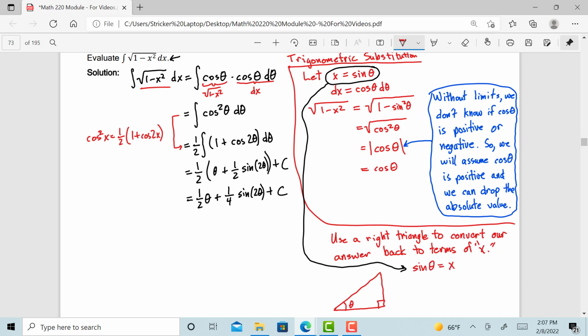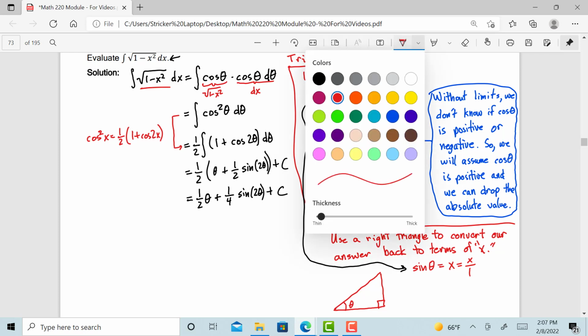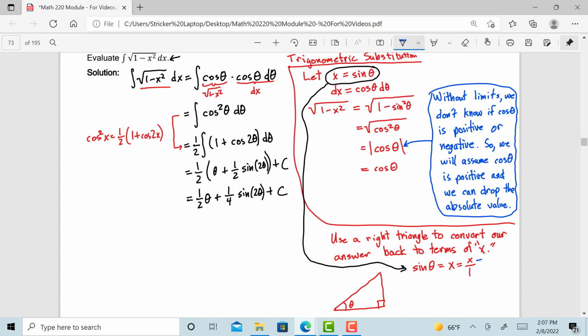And remember, we usually think of sine in terms of opposite over hypotenuse. That's SOHCAHTOA. And so we want to think of this as a fraction. So instead of x, we'll rewrite it as x over 1, where the top would be the opposite side, right?